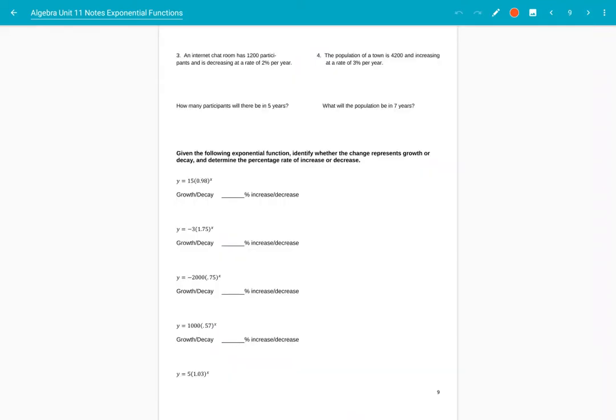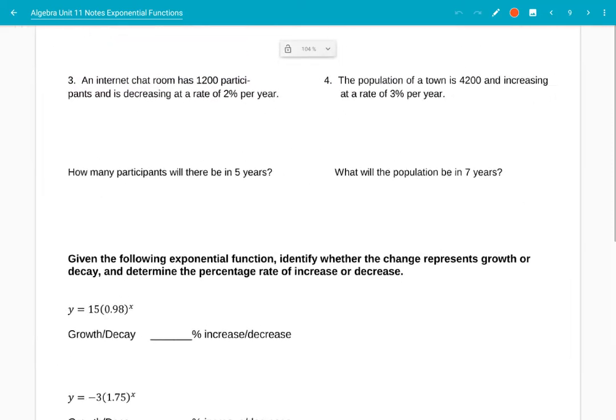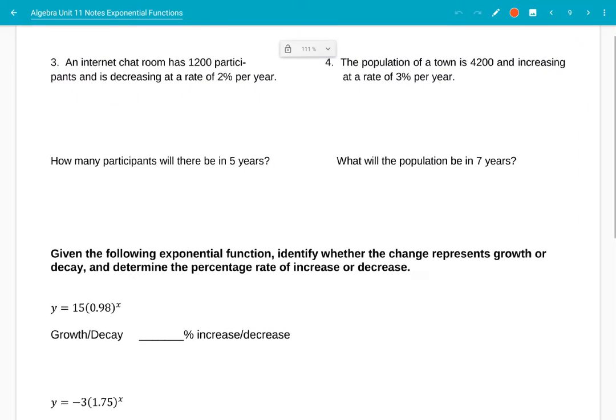Okay. Internet chat room has 1,200 participants and is decreasing at a rate of 2% per year. I think we can do that. Let's see. We start here, and that's the rate. And it's decreasing, so it's going to be 1,200 is the initial amount. 1 minus 0.02 to the t.